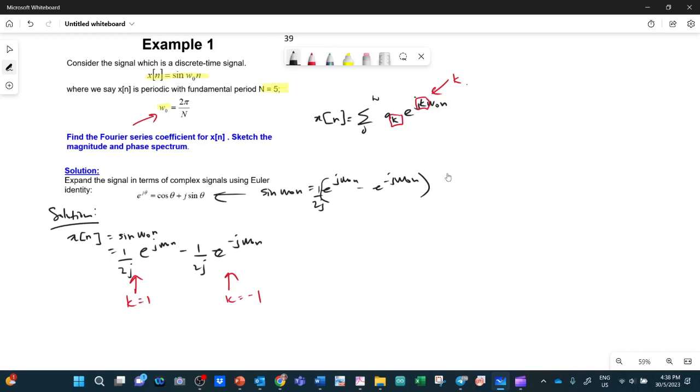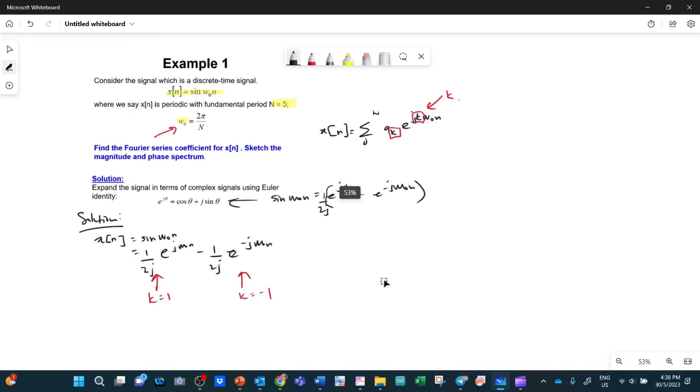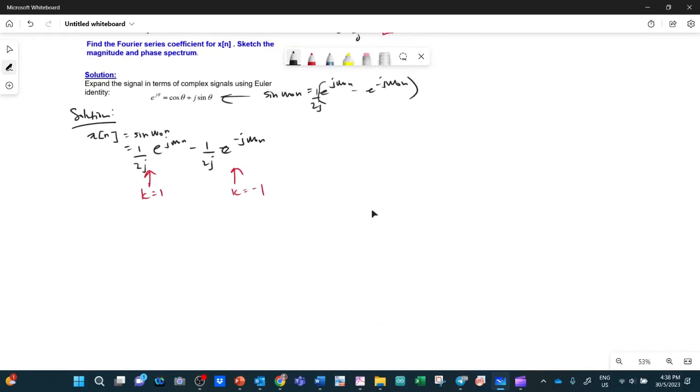So now we can list out the coefficients. Do you have any a naught, the fundamental? No, you have 0. Do you have a1? Yes, this is a1, and this is a minus 1.